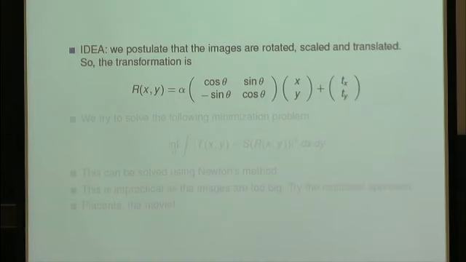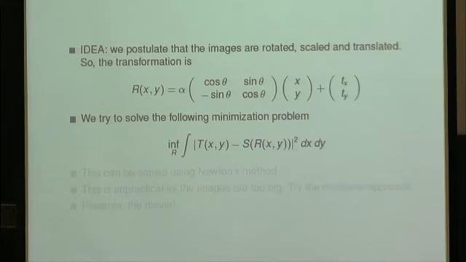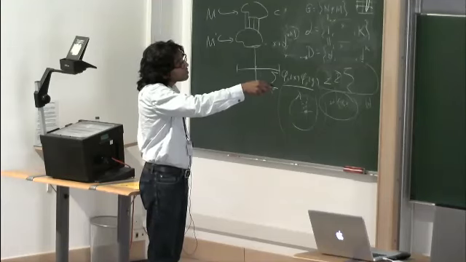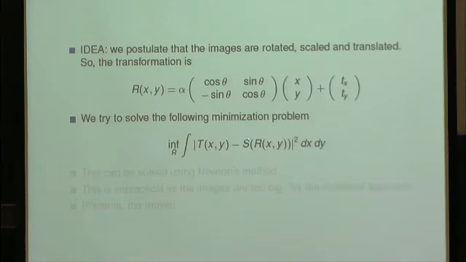So, this is the transformation. We try to look at the following minimization problem. Here is the reference image, this is the target image. You go from S to T, and we want to find this transformation. This is the scaling, this is the rotation, this is the translation.